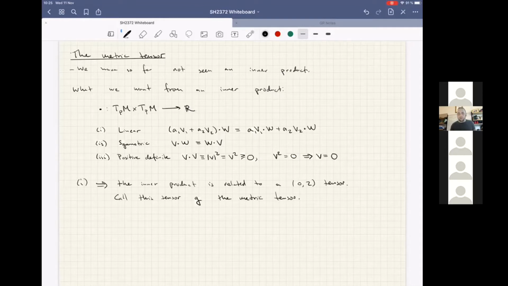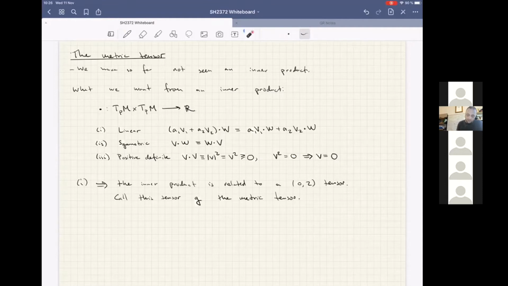Now, in general, of course, on a manifold that is not already equipped with a metric, or that doesn't have a natural metric in some sense, there may be several choices in how you assign this metric. But these are the properties that we're going to require of the metric.